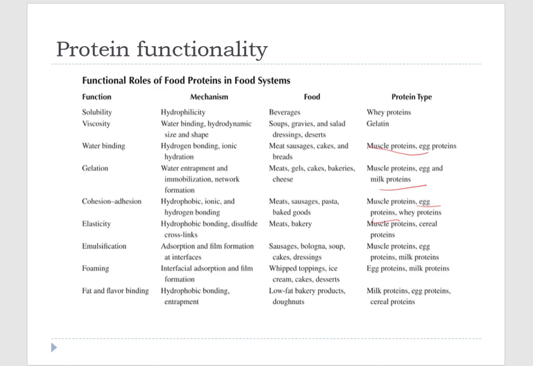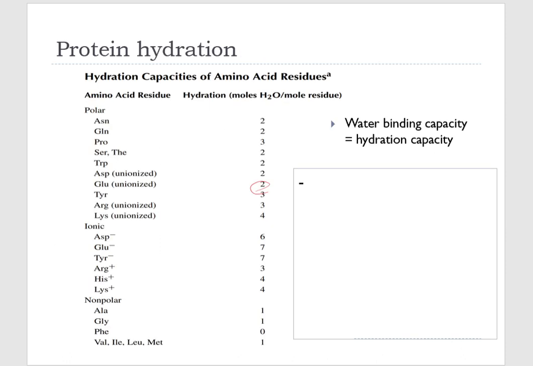For example, egg white protein. So egg white protein has multiple functionalities such as gelation, emulsification, and foaming, which make it a highly desirable protein in many foods. Okay.